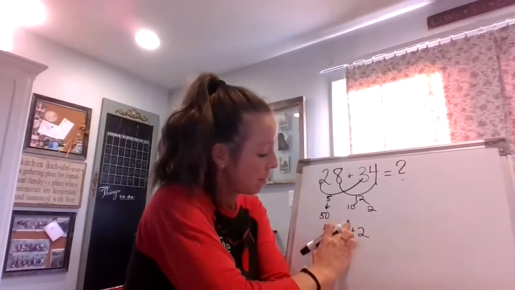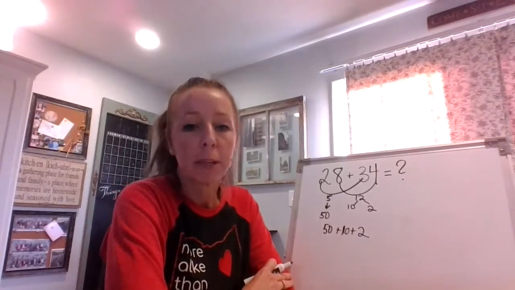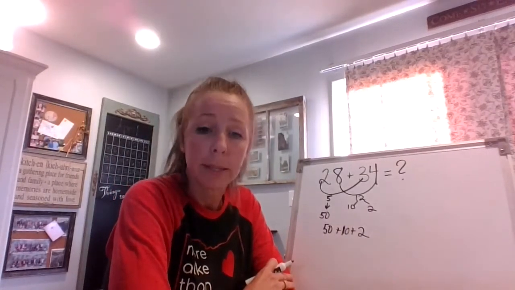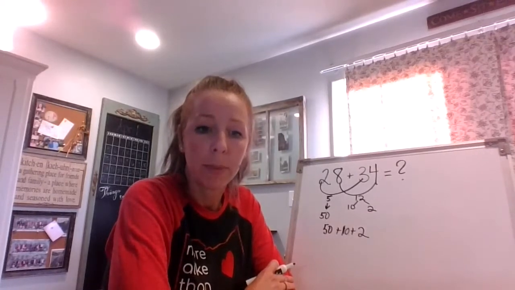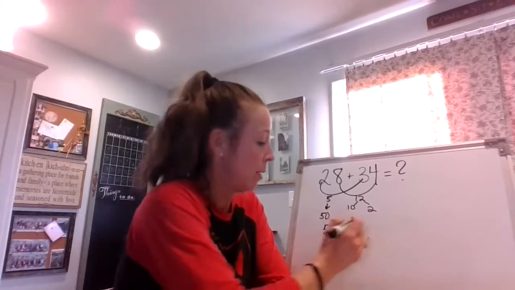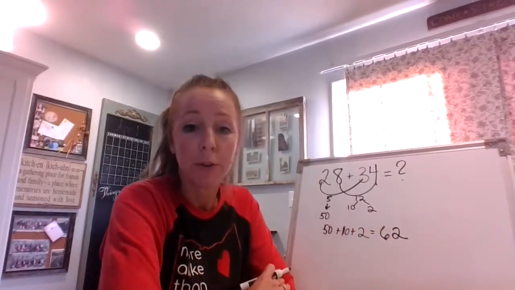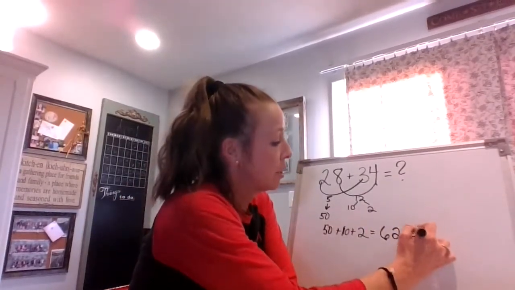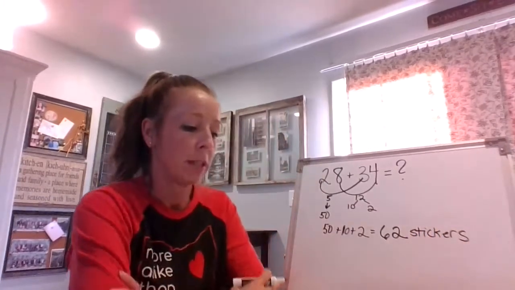Oh, my 0 and my 1 look connected. Let me get those apart. 50 plus 10 plus 2. What's 50 plus 10? 60. Plus 2 more. That will be your answer: 62, and what's my unit? Stickers. All right, that's part 1.